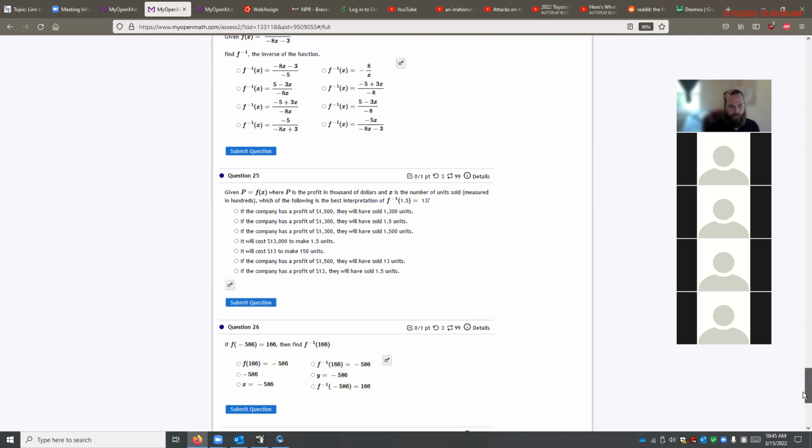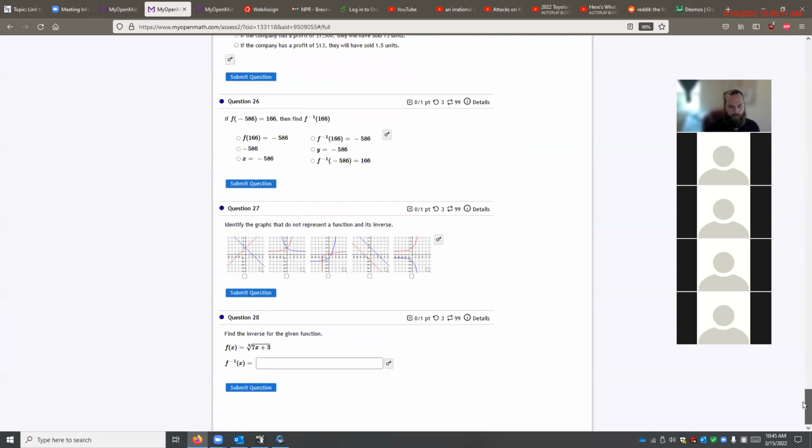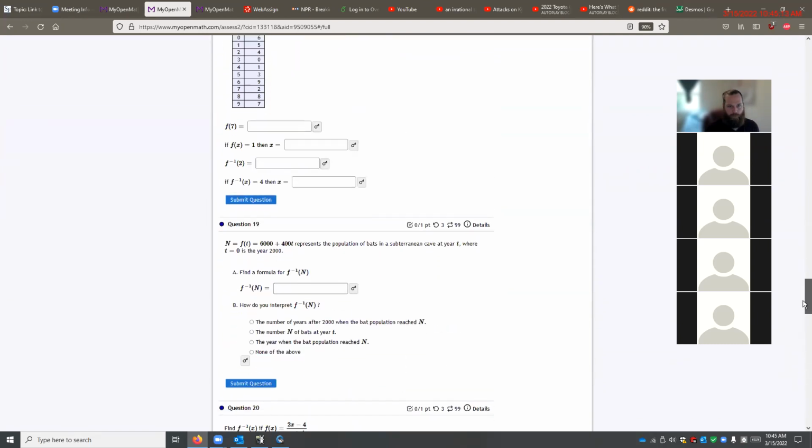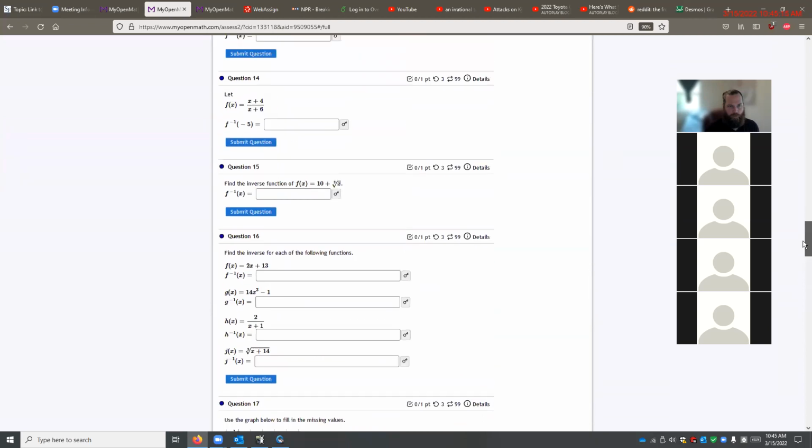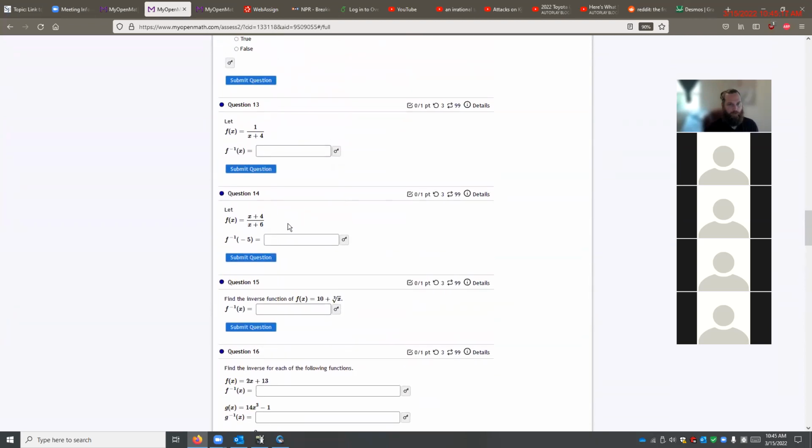No, okay, good. We do that in pre-calc, but we're not supposed to do that here. So we have this guy. I want to find f inverse of -5, and they've given me a formula for f of x. Change the numbers just a little bit.